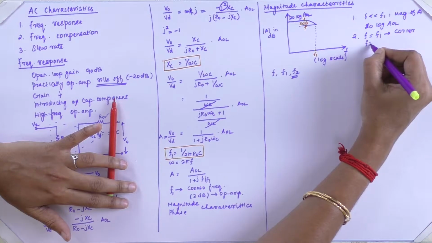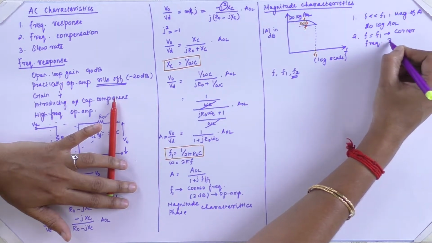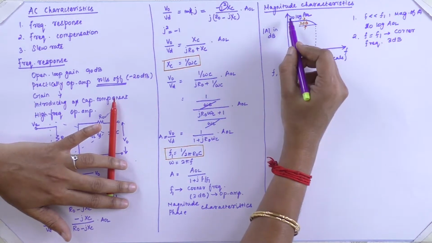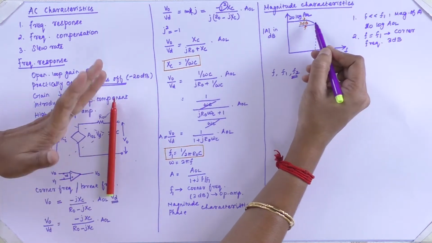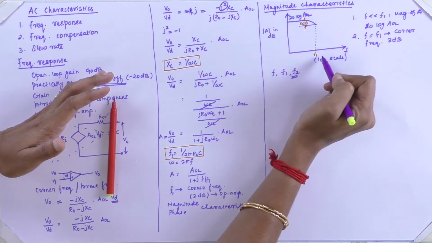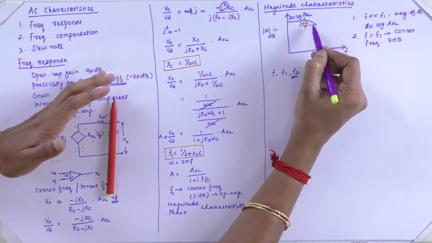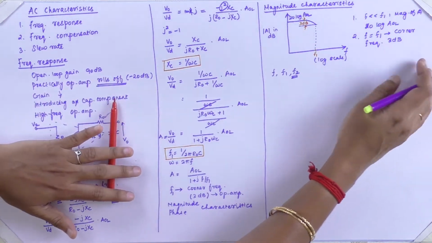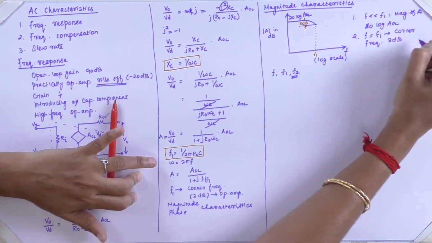At the corner frequency your gain will be 3 decibel down, so it decreases by 3 decibel from that AOL value.